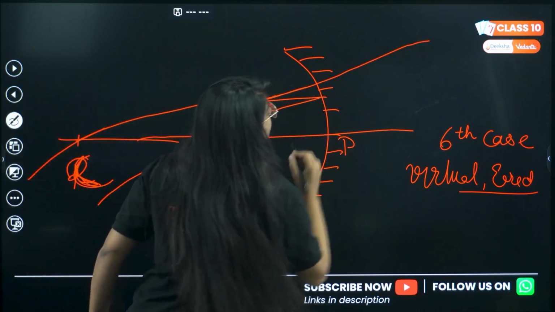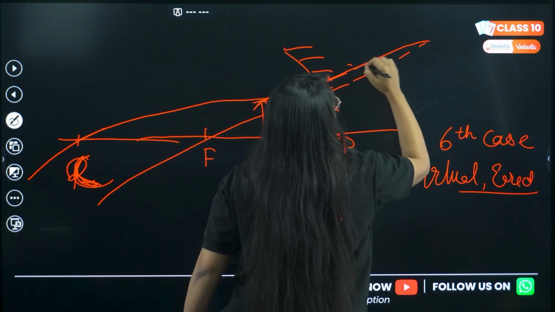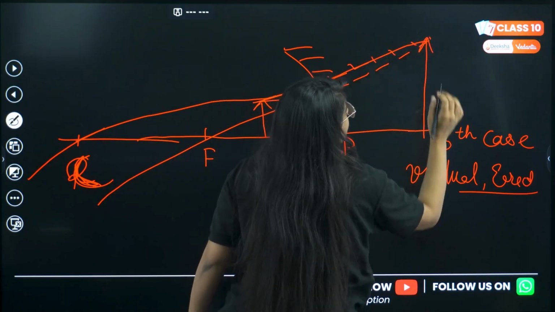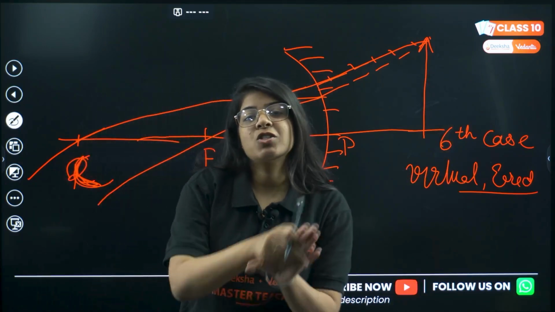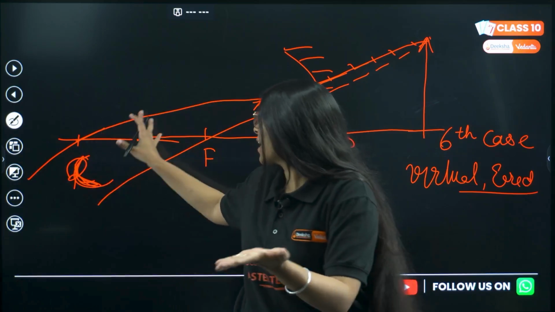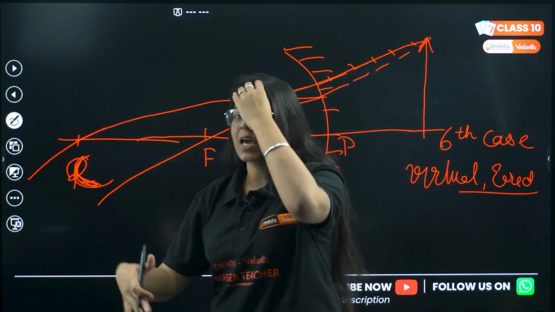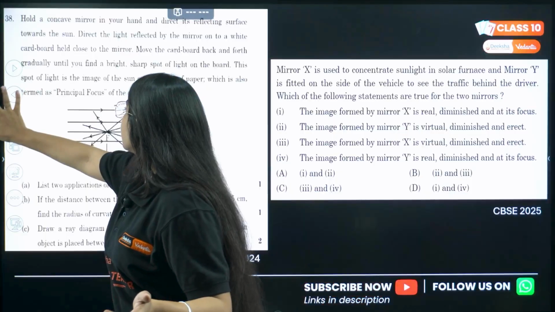My drawing is really bad. If we extend it back, this will be our image formed, which is virtual, erect, and enlarged in size. I really urge you to make these rays with the help of a scale. So this is our third part that we solved.